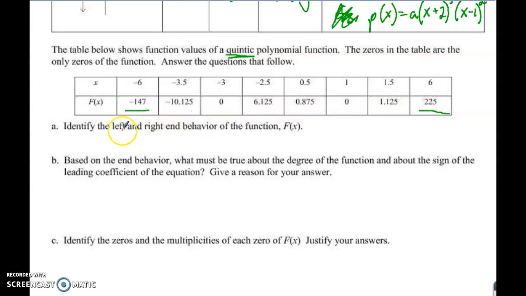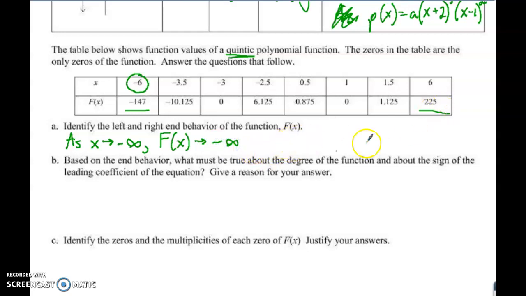So as I'm looking at the left and right end behavior, make sure that you write it the way I want you to. As x goes to negative infinity, that is, we're looking at negative x values. I know negative 6 is not even close to negative infinity, but it's very evident that this graph is getting more and more negative. So we can confirm that capital F of x is going infinitely down.